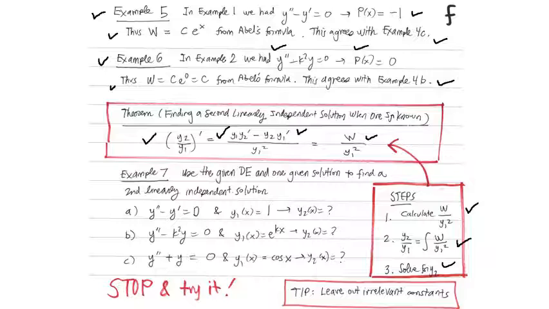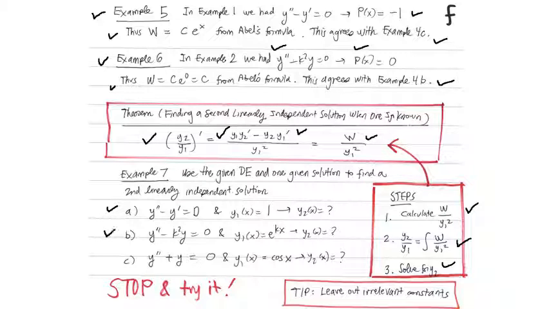Let's pretend maybe we were able to guess one solution, and then we're looking for a second linearly independent solution. This will illustrate how we can use that identity and that theorem to find a second linearly independent solution when we need one. So here's the first example that I'll ask you to try. Given a differential equation and one solution y1, can you use that procedure to find a second linearly independent solution?